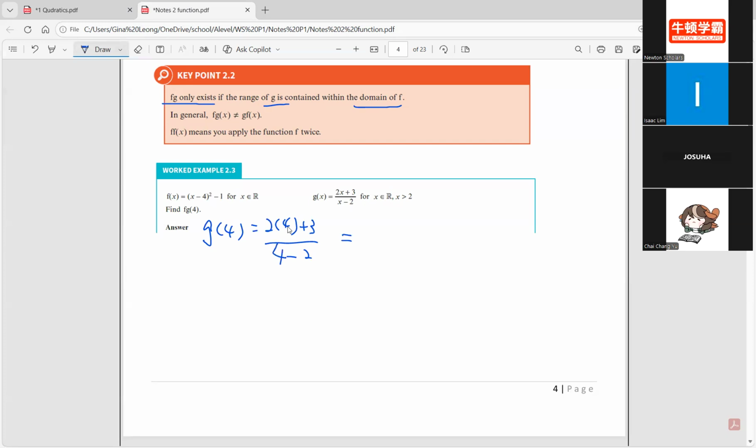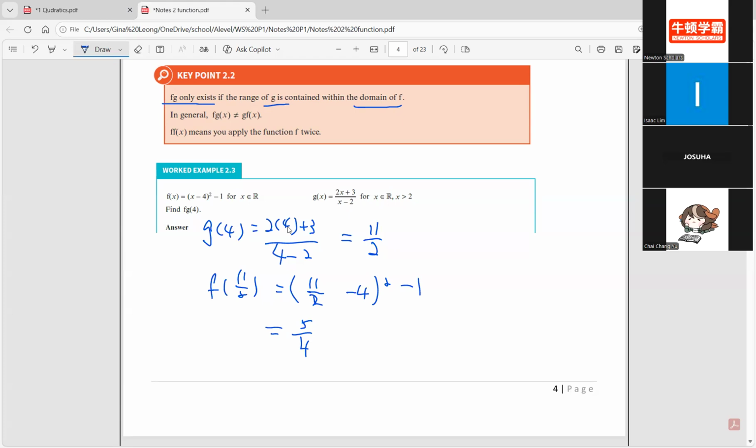Then I get 11 over 2. I replace this 11 over 2 into f now: 11 over 2 minus 4, squared, minus 1. So you will get 5 over 4.